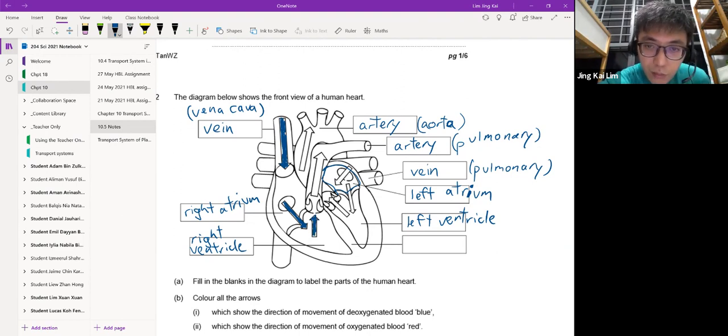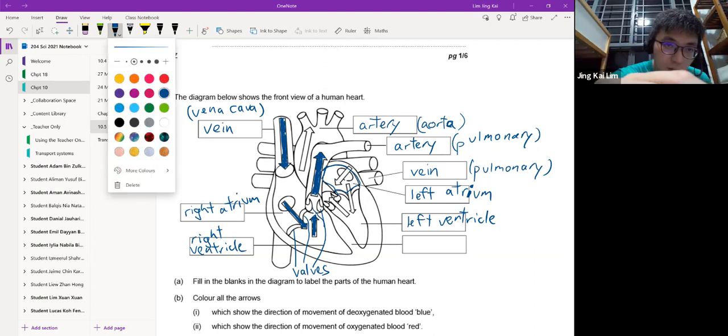The deoxygenated blood will then be pumped to the lungs later on through the pulmonary artery. Do you notice these things here that look like gates? They are actually the valves that prevent the backflow of blood itself. Same for the other side.